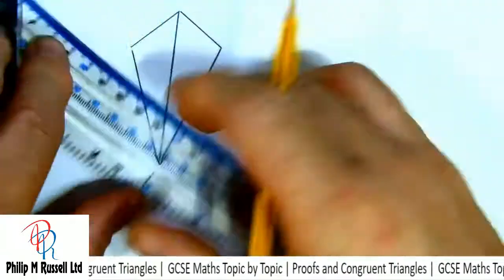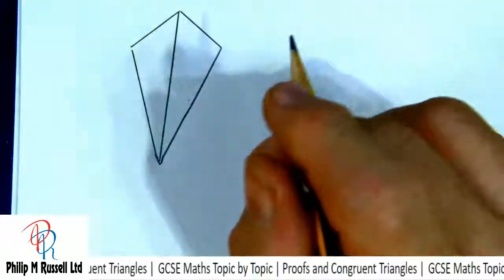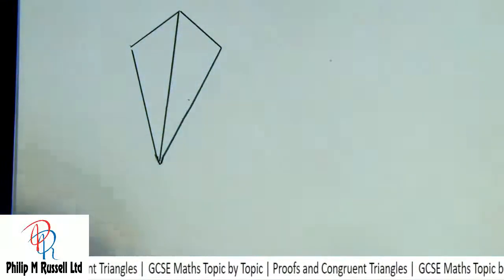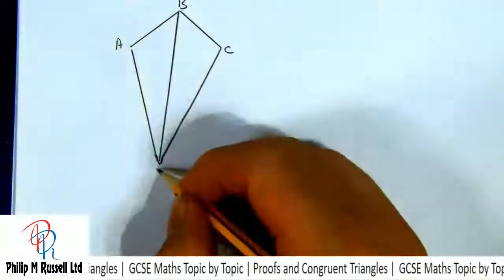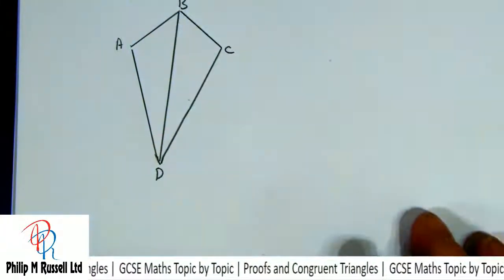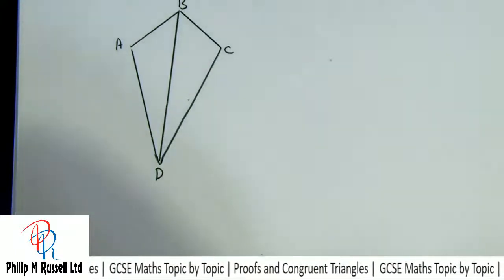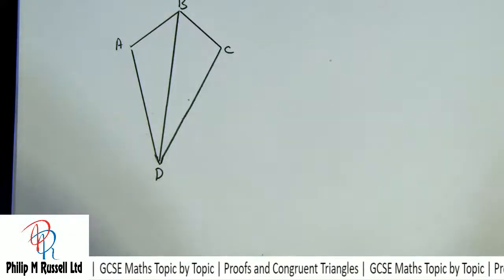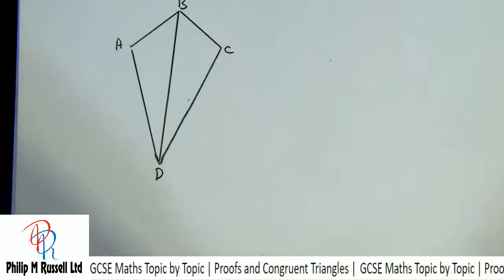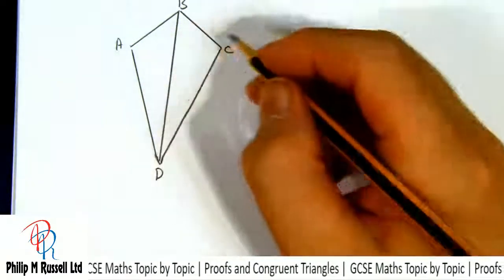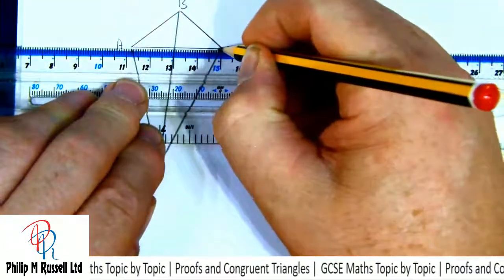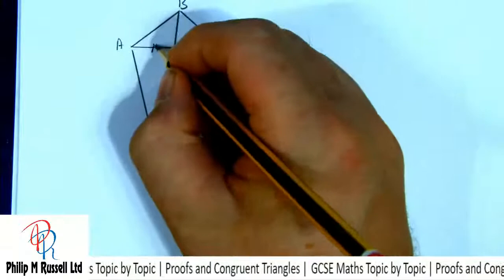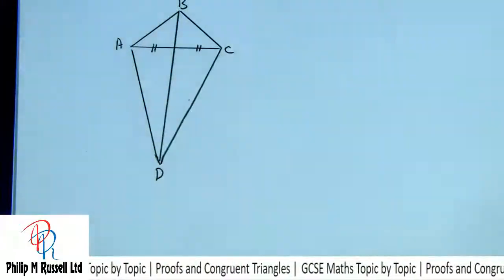But I've got a kite, which is A, B, C, D, and what I've got to prove in this kite is that we're told maybe that we've got this line bisecting here. We may be told that that side equals that side.